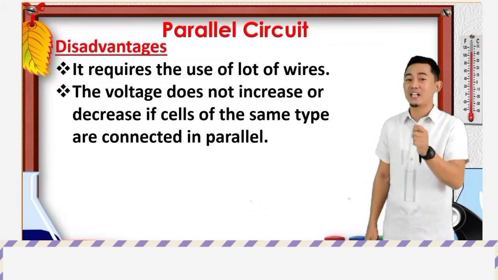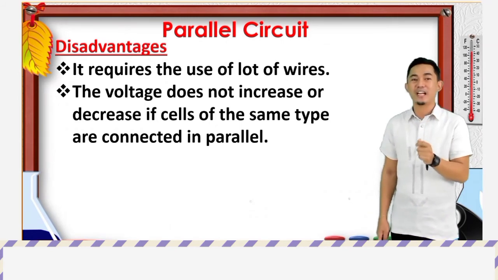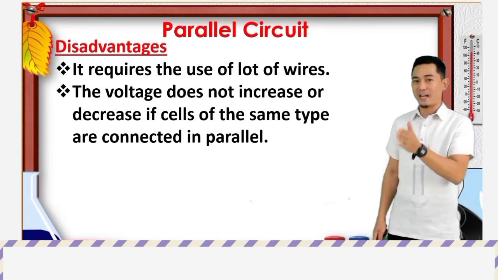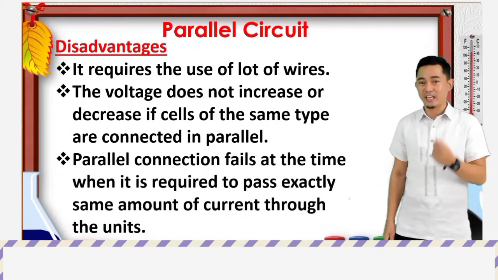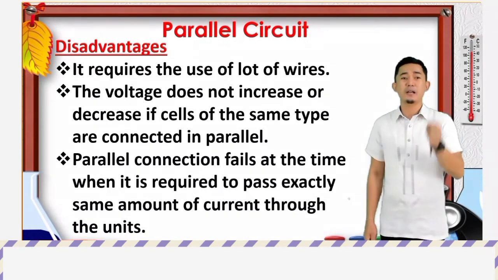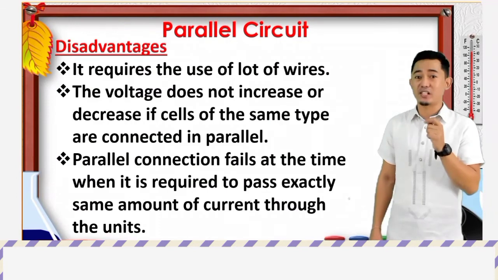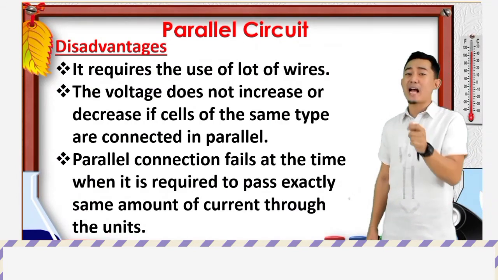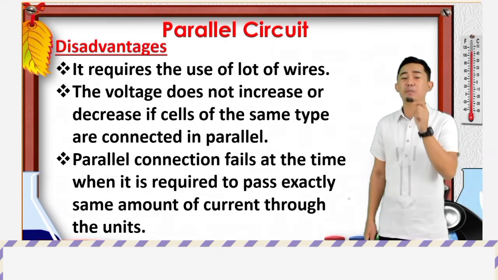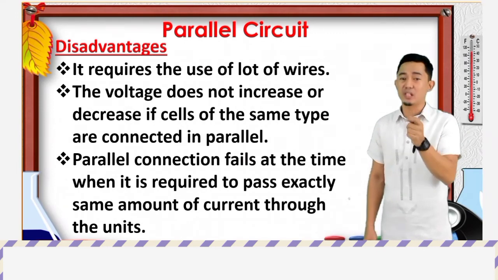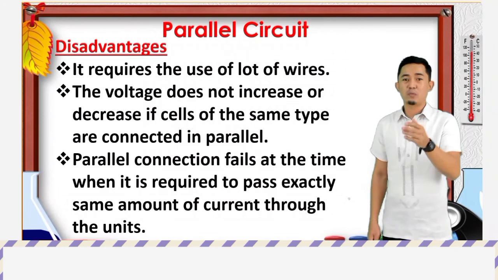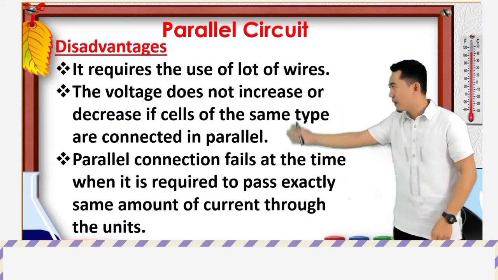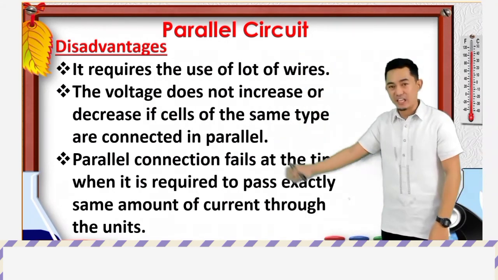Another disadvantage of parallel is that the connection fails when it is required to pass exactly the same amount of current through the units. So these are the disadvantages of parallel circuit.